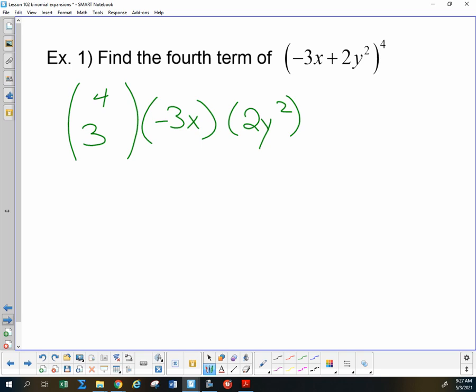It's 3 because it's 4 minus 1. So it's going to match. Okay, then I need to do what, Addie, for my other exponent? We need to add up to the original exponent. So I need them to add up to the original 4, so that one needs to be a 1.